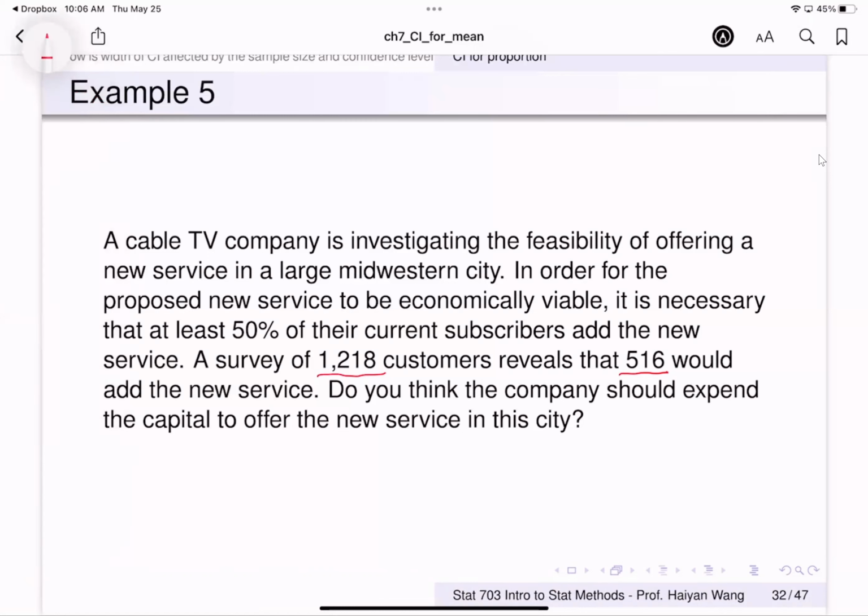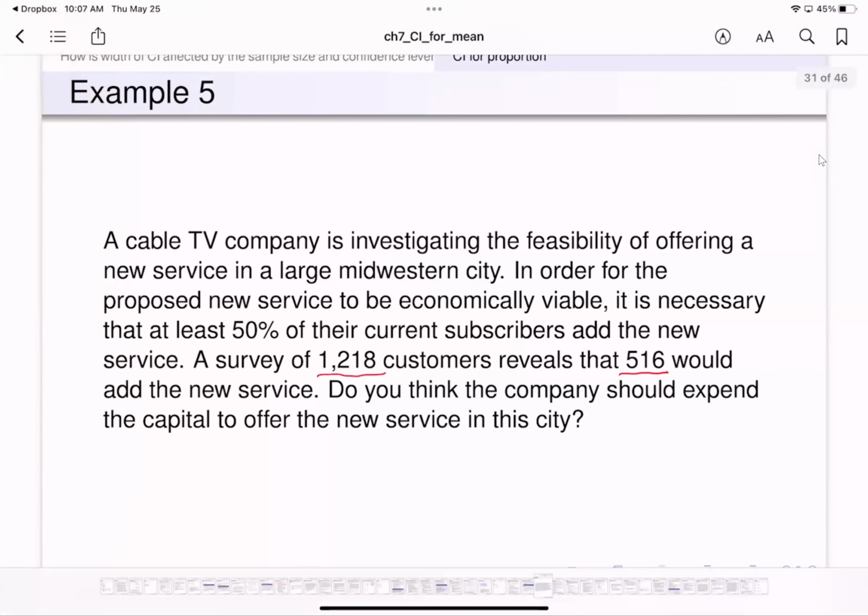So we cannot simply make a conclusion without checking carefully the probability of this estimate being below 50%. So we'll consider a confidence interval, an interval estimate of the mean proportion of customers that will add the new service.